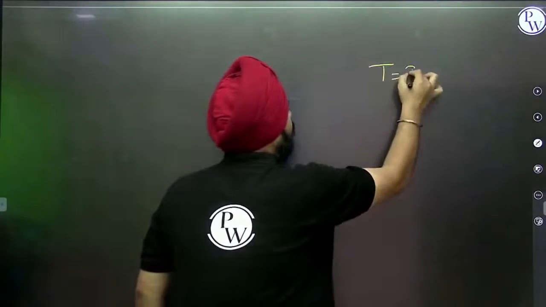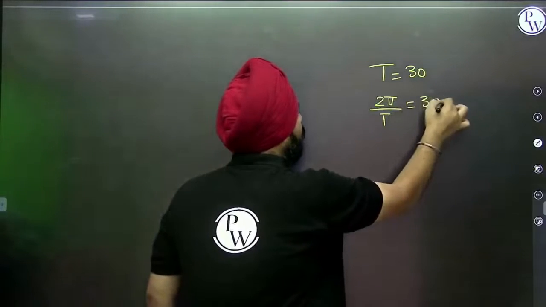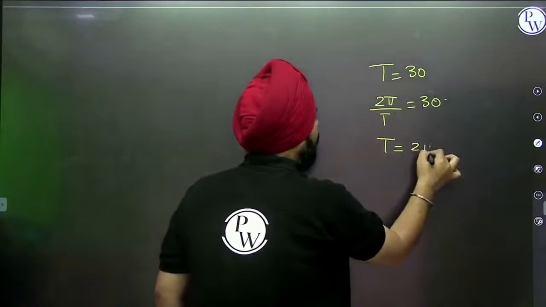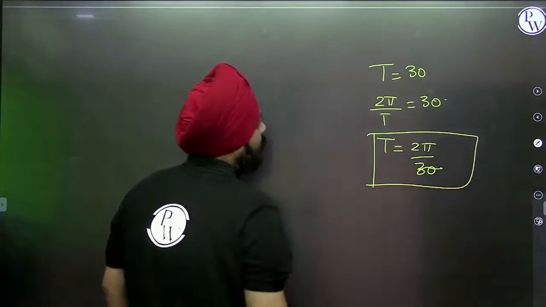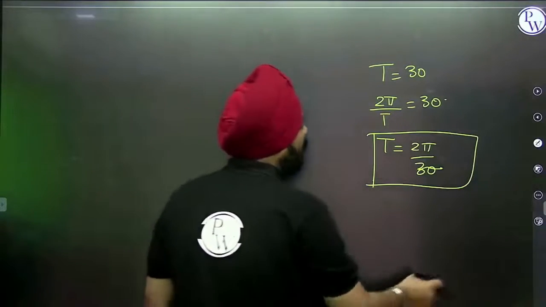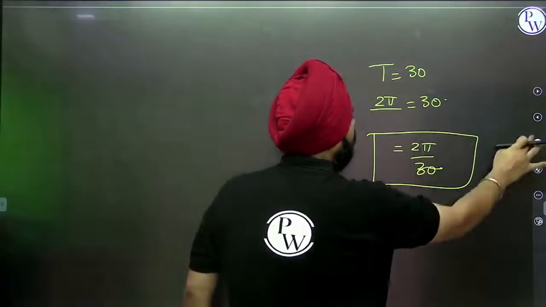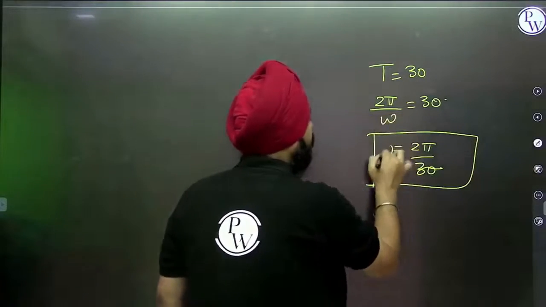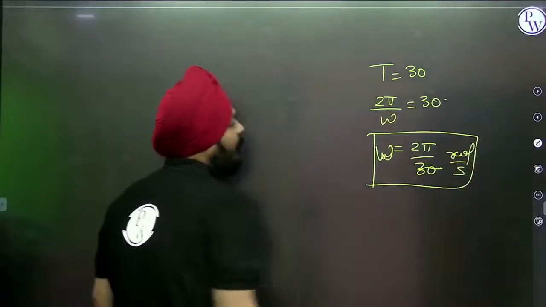So capital T is equal to 30 seconds, 2 pi by omega is equal to 30 seconds, so omega is equal to 2 pi by 30. This will be the angular velocity of the rotating vector, the phasor.